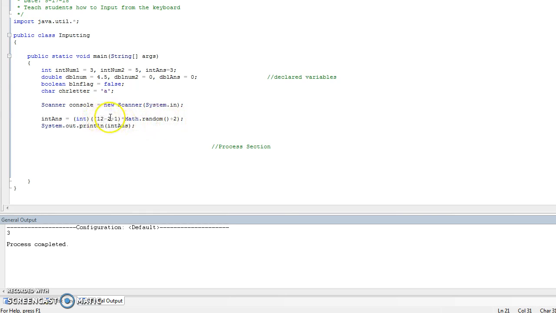High minus low plus 1, times Math.random, plus low. So just remember that formula. We got that formula from Visual Basic. We also used it for Android apps, and again we're using it here in AP. This is when you're doing a range of numbers, and this will draw numbers between 12 and 2.